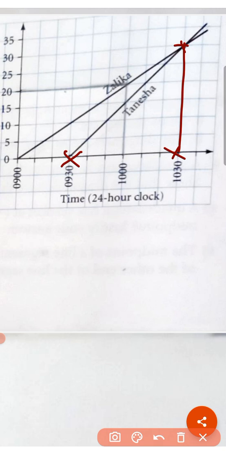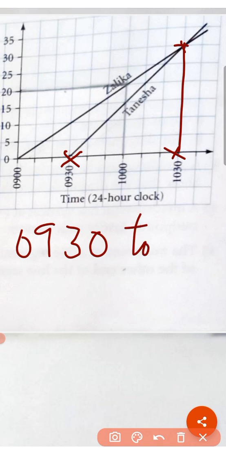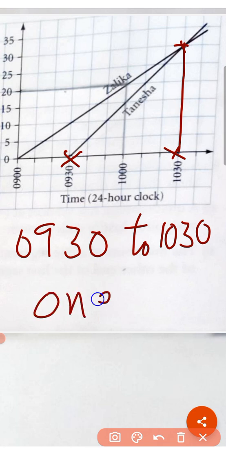So she travelled 1 hour, that is from 9:30 to 10:30. What is the difference between 9:30 and 10:30? 1 hour.